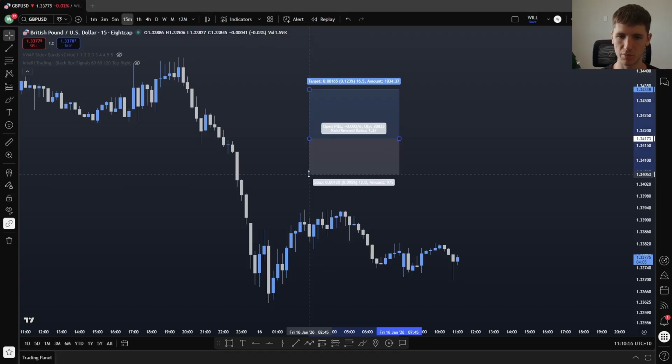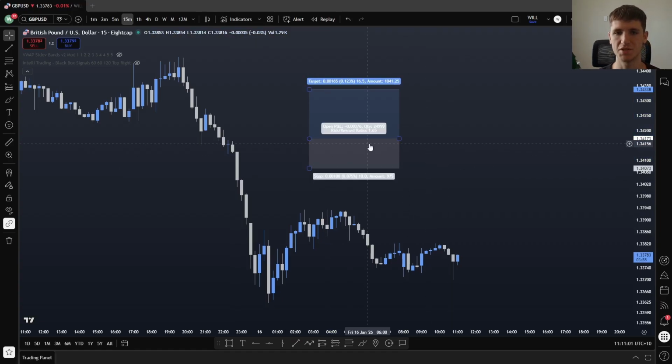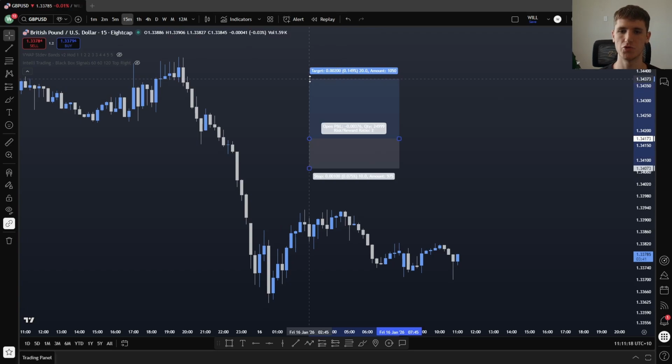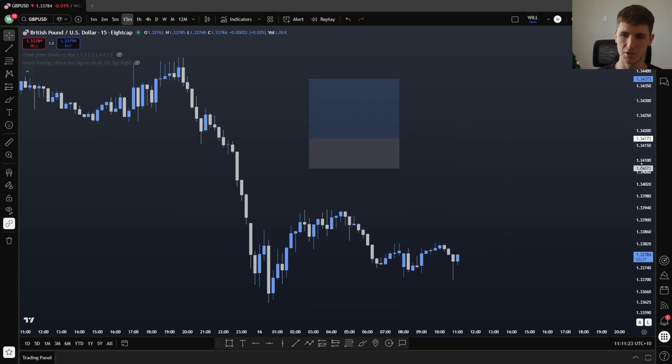I'll move my stop loss to, let's do 10 pips. And as you can see right now, my position's at a 1.65 to 1 risk to reward ratio. So that means if I'm in profit and it hits my take profit, I'm going to make 1.65 times my risk. Or now that it's at a 2 to 1, if I'm risking $500, I'll make 1,000.